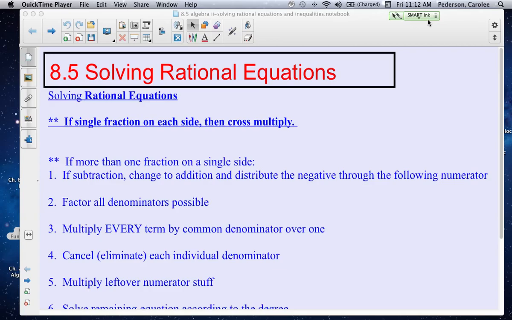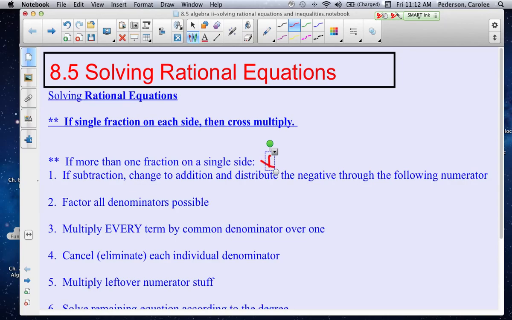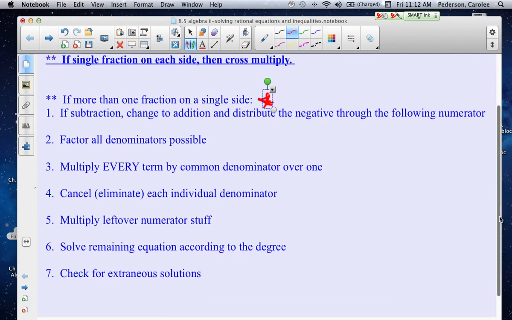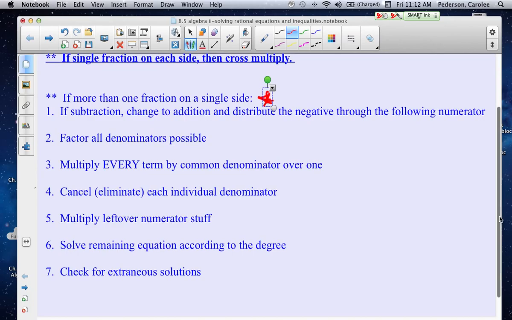The second type is when you have more than one fraction on a single side. These are more challenging. First thing is, we want to change the subtraction sign to addition if there is one, then factor all the denominators, and then you multiply every term by the common denominator over 1.